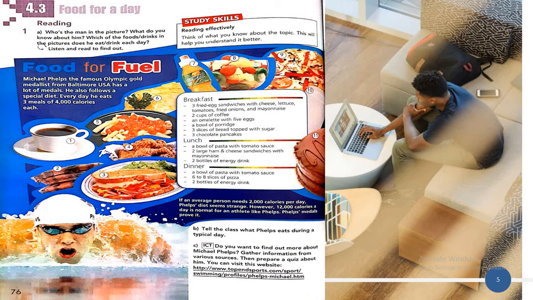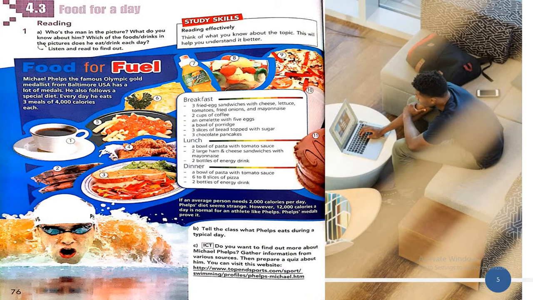So this is a famous person who won gold medals in swimming competitions for the USA. So let's read the meals he has in the day. The 3 meals contain 4,000 calories each.